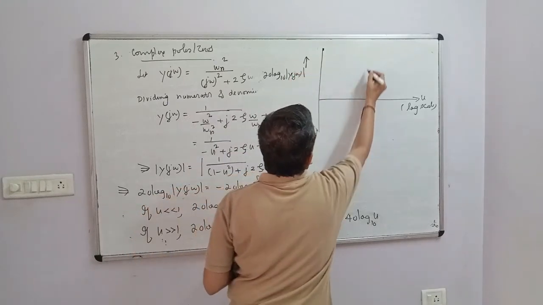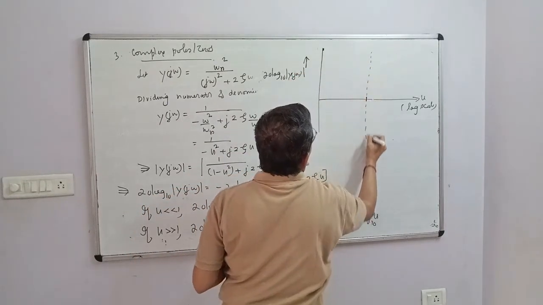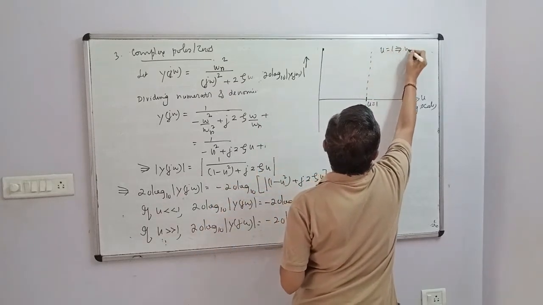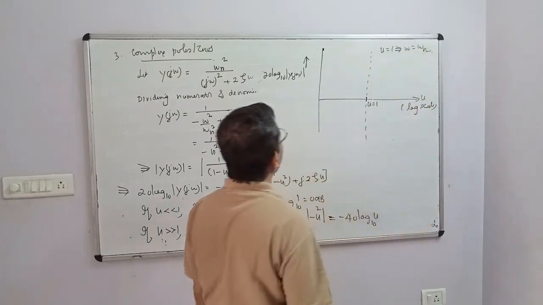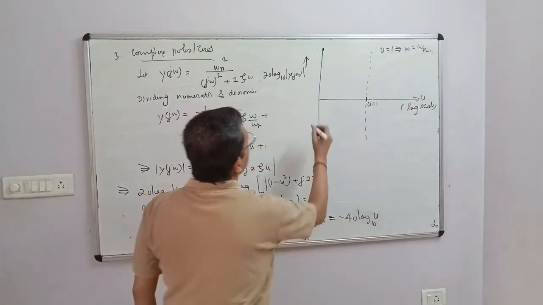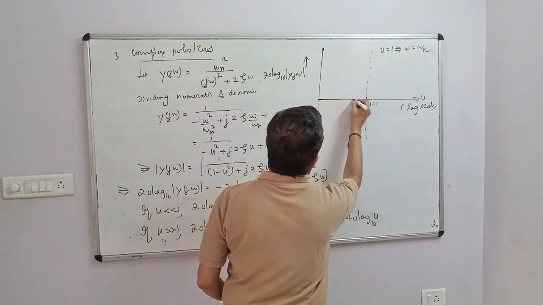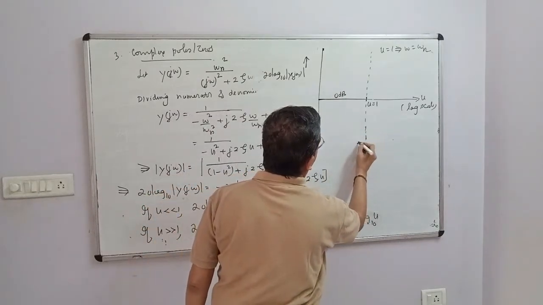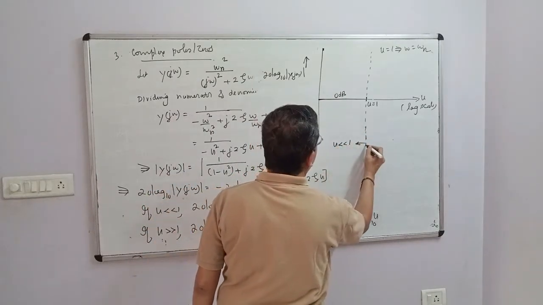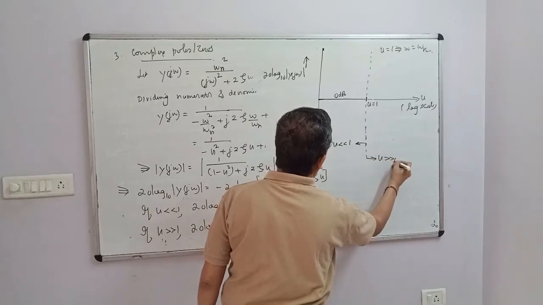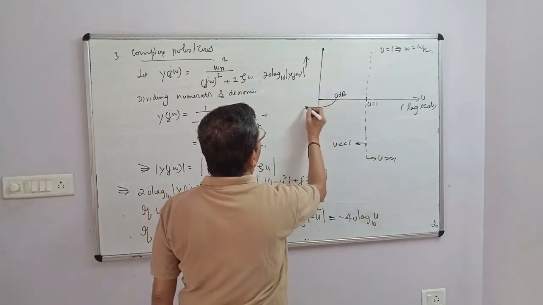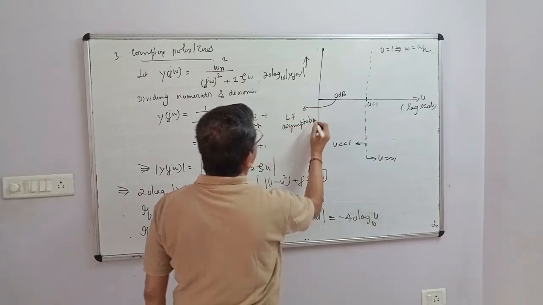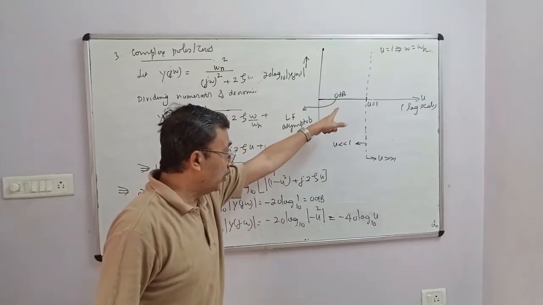This dotted line is drawn at u is equal to 1. u is equal to 1 implies omega is equal to omega n. First, you get a straight line of magnitude equal to 0 dB. To the left of this dotted line, u is very much less than 1. To the right of this dotted line, u is very much greater than 1. This is the low frequency asymptote. Low frequency asymptote is a straight line of magnitude equal to 0 dB.